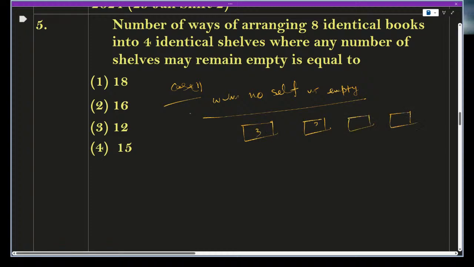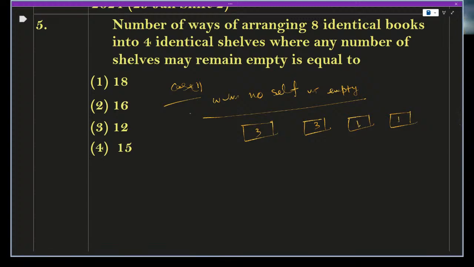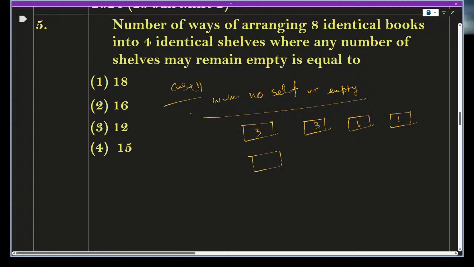If I do this way, you must agree. Then after that, all will be with 2. Then after that, you cannot arrange. This is just one case.